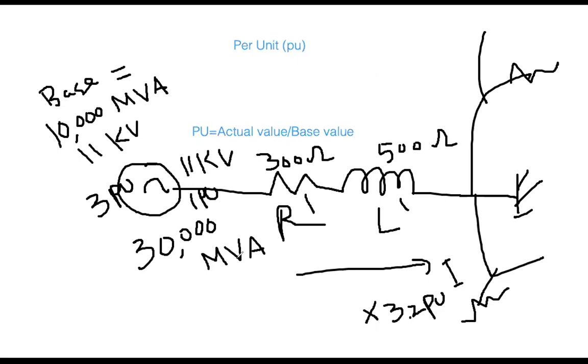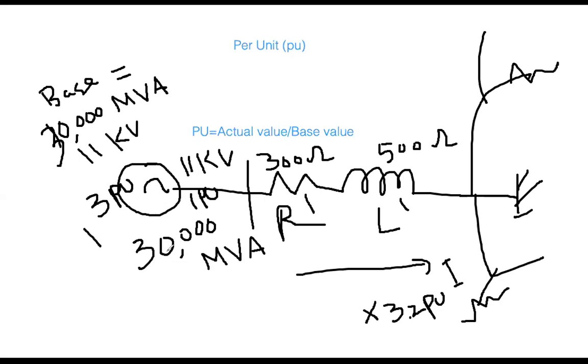For example, in this case, I might choose 30,000 as the base. Why would I choose that? So that my result, 30 by 30, becomes 1. It depends on what is typically done. What is the rating of the voltage that is available at the terminal? That number is considered as the base.